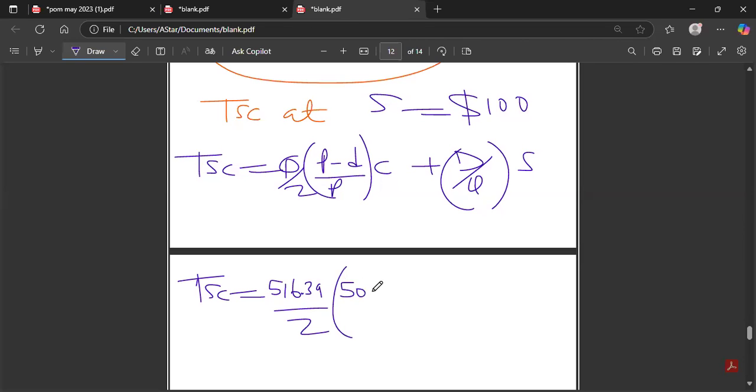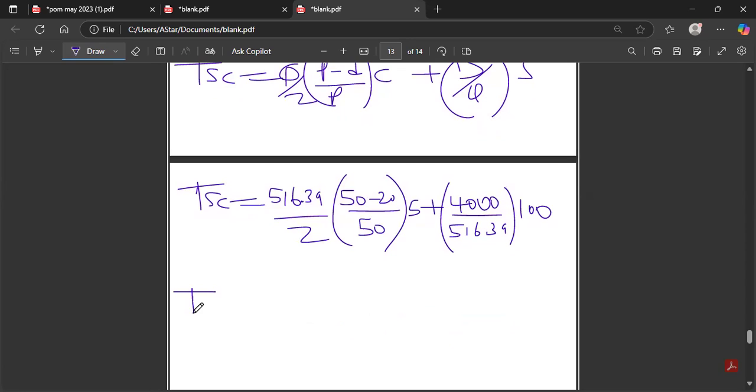So 50 minus 20 over 50 times 5, then plus 4,000 over 516.39 times 100. Let's find our total stocking cost.